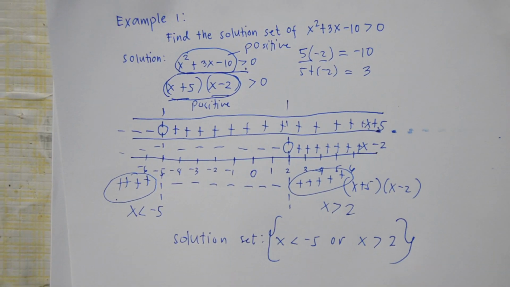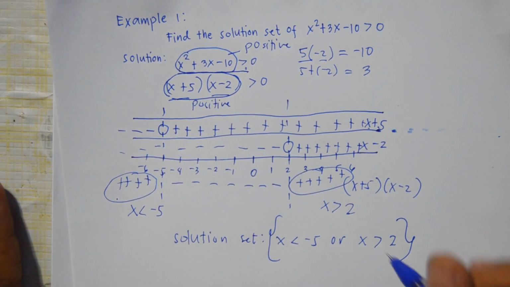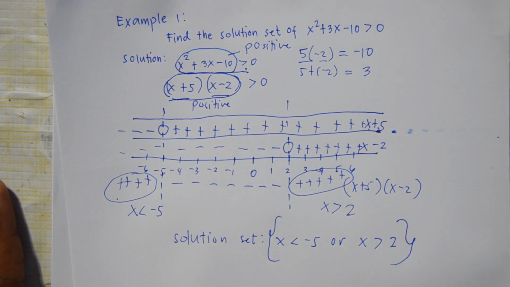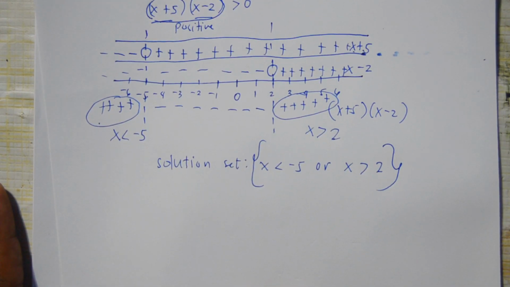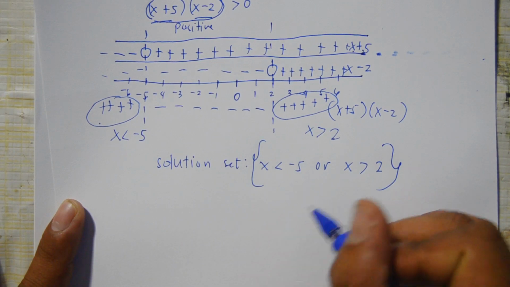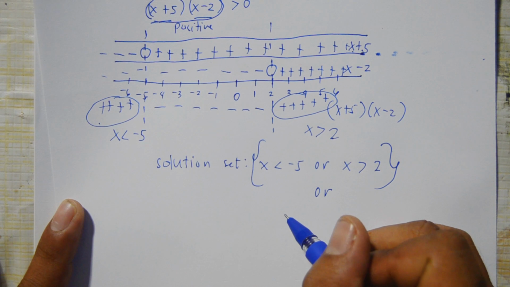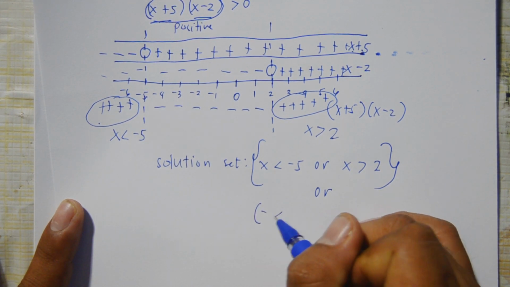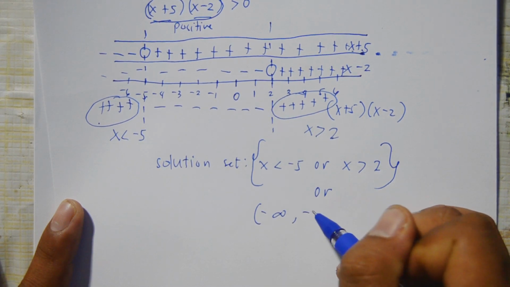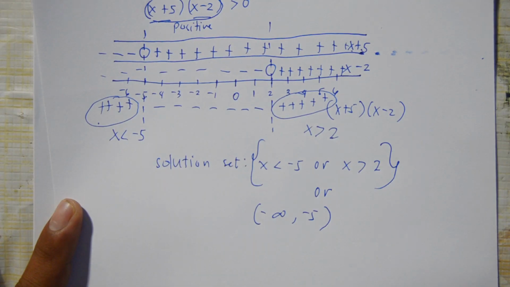And in addition to set notation, we can also write our answer in interval notation. If you write x less than -5, that is parentheses, negative infinity to -5.